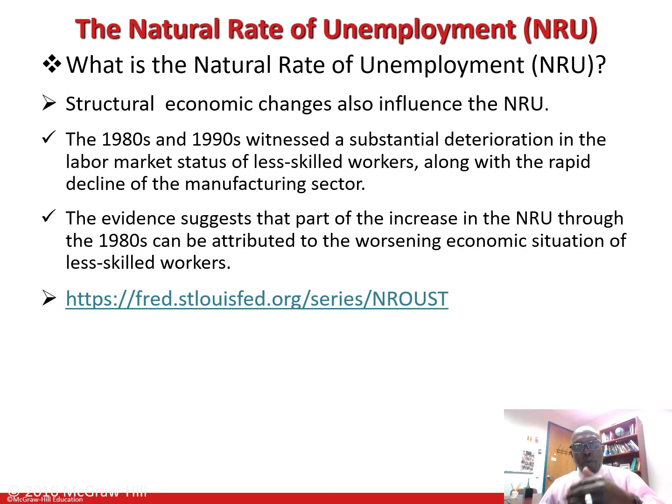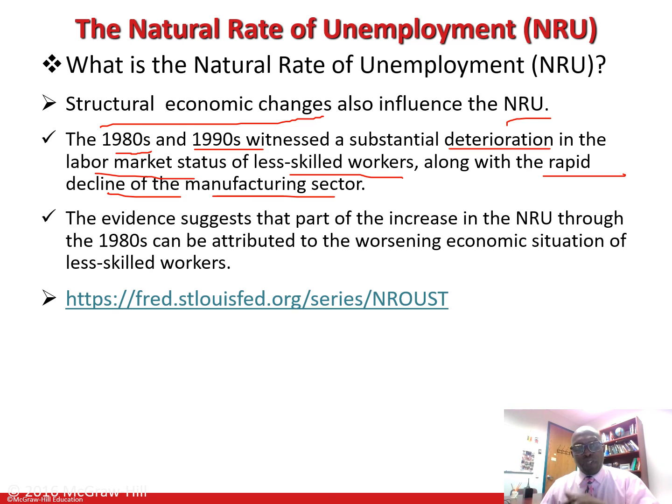We say that besides the demographic shift in the population, structural economic changes also influence the natural rate of unemployment. The 1980s and 1990s witnessed a substantial deterioration in the labor market for less skilled workers, along with the rapid decline in the manufacturing sector.